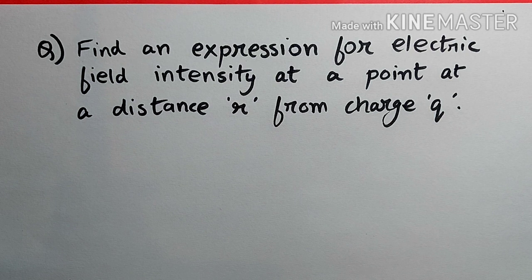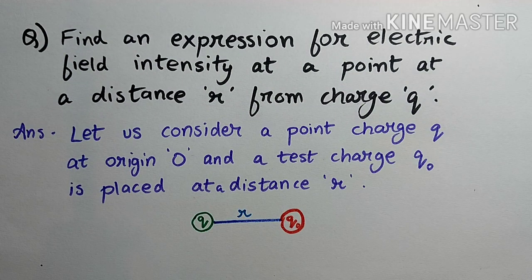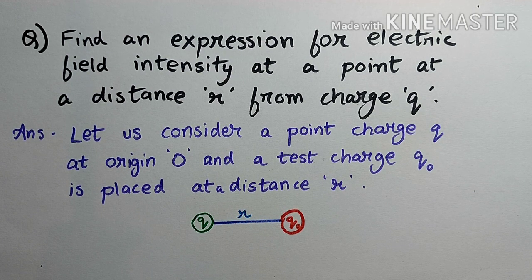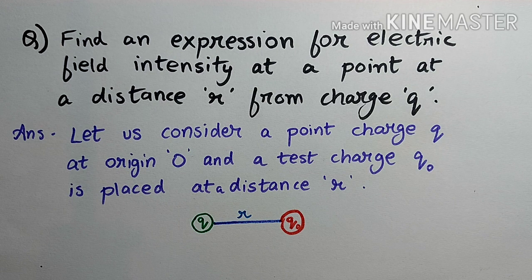For today, our question is: find an expression for electric field intensity at a point at a distance r from charge q. For the solution, let us consider a point charge q at origin O and a test charge q0 placed at a distance r.